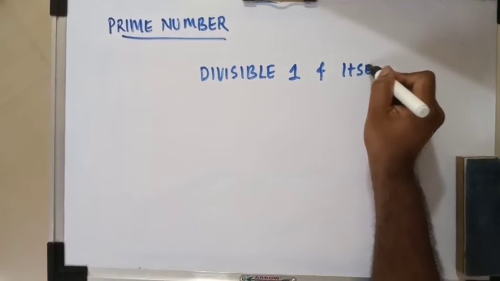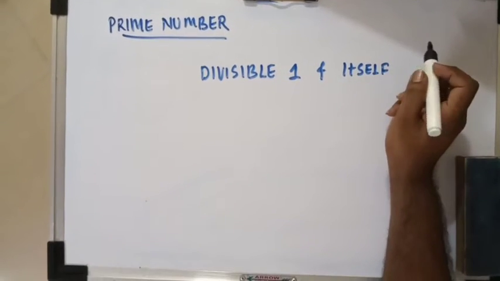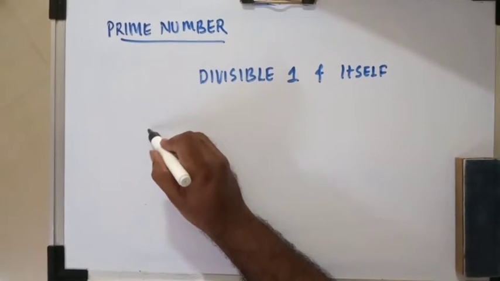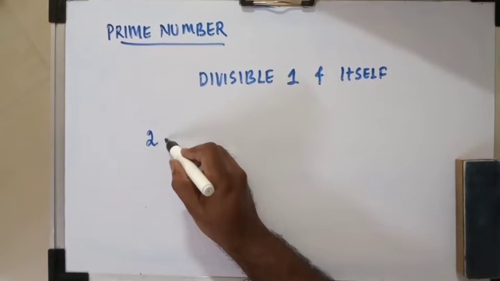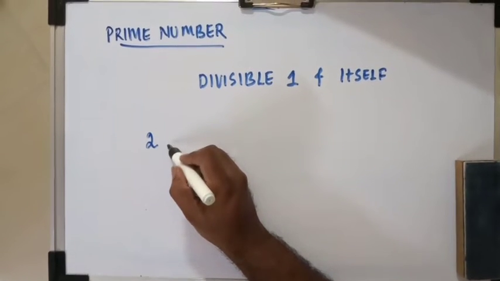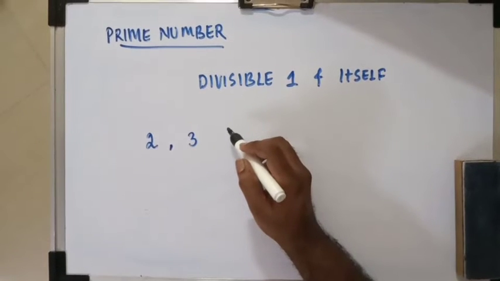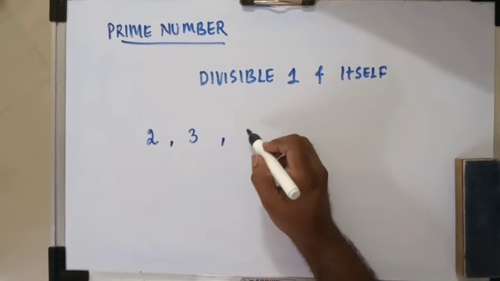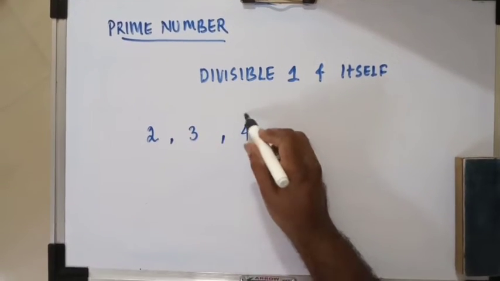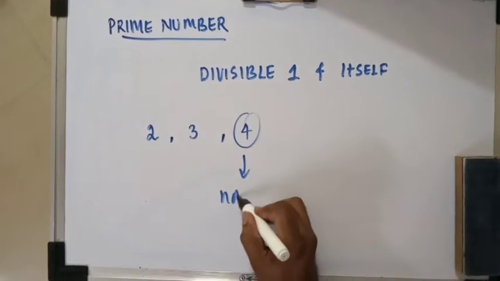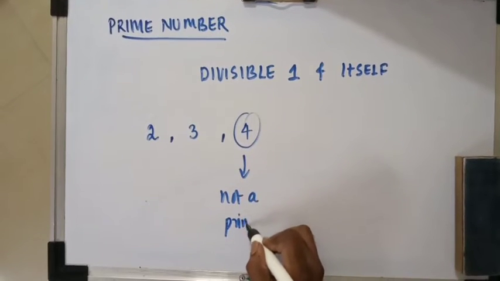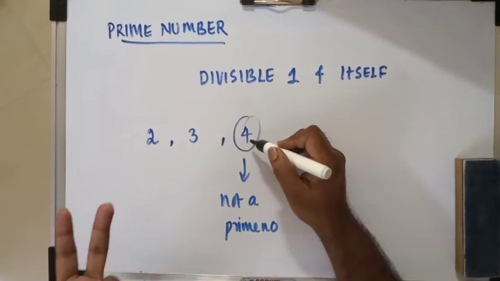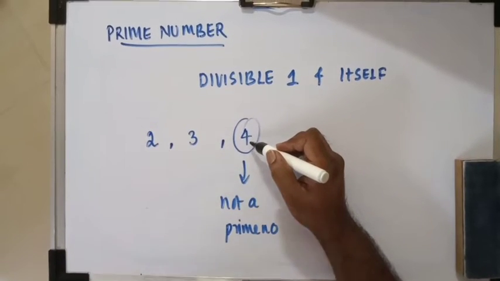For example, 2 is a prime number because 2 goes in the table of 2 and 1. 3 is a prime number. 3 goes in the table of 1 and 3. It is divisible by 1 and 3. 4 is not a prime number. Why is 4 not a prime number? Because 4 goes in the table of 1, it goes in the table of 2 also. That means it has more than one factor.